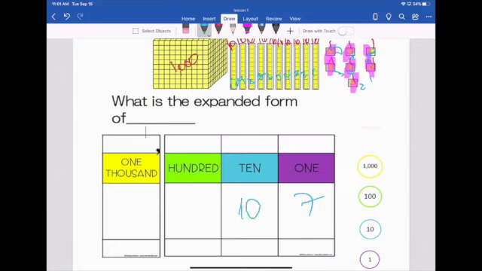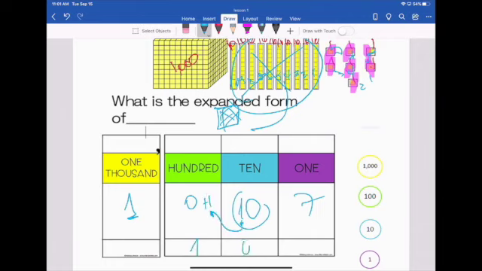We need to regroup it. And we have 0 hundreds, I have 1,000. So what does this mean? We need to regroup this. This converts into 100. So that means this one, we put it here. 0 plus 1 is 1. We have 0 left, 7. And this is our number.